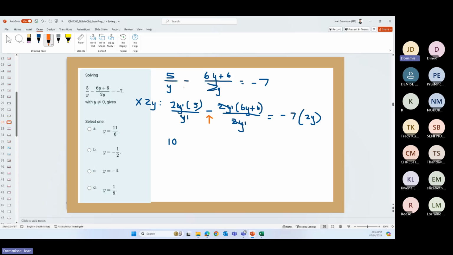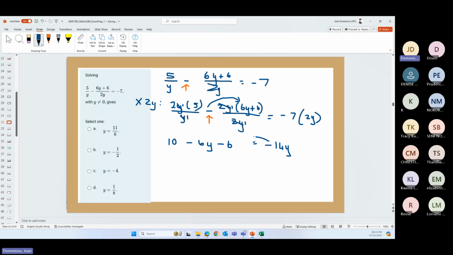So it's negative, and then we need to say minus times the 6y is minus 6y, and minus times the positive 6 is negative 6. If we don't multiply that out with a negative, we will get a different answer than we would have selected. And minus 7 times 2y is minus 14y.